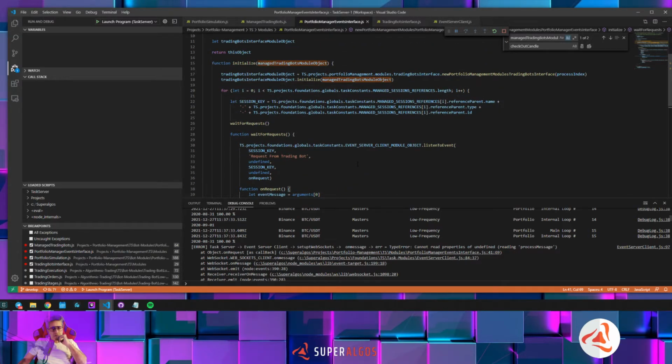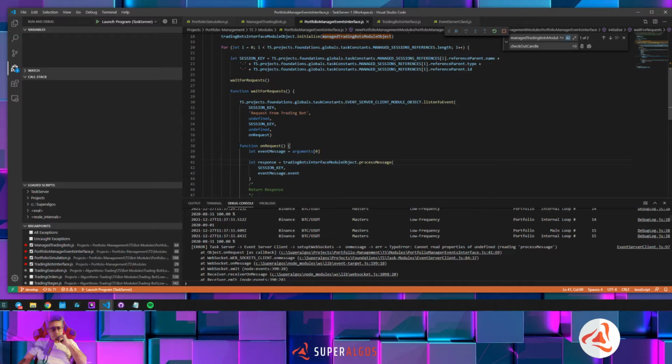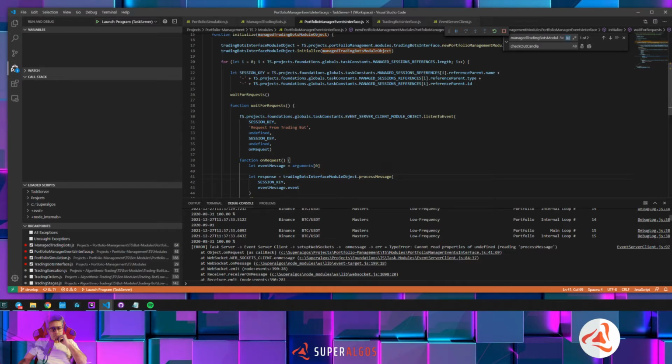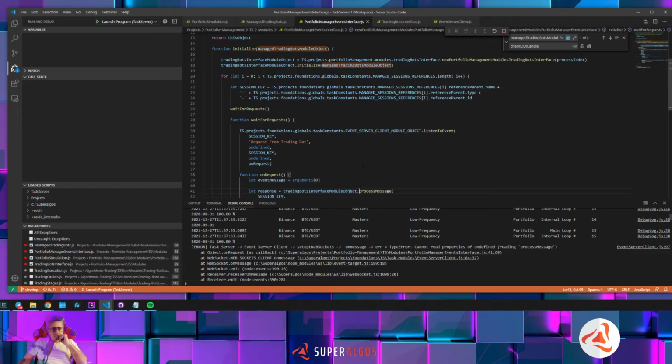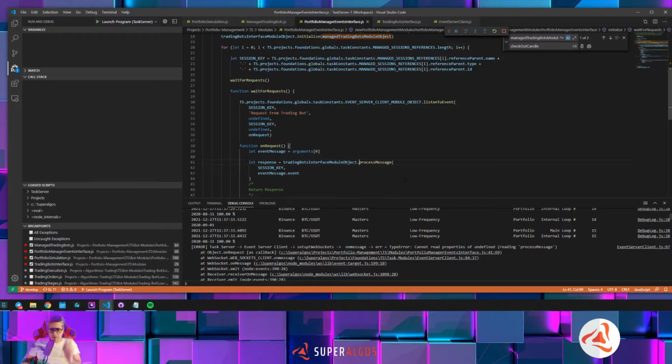Why isn't it? I don't really understand what happened. Why this is undefined?